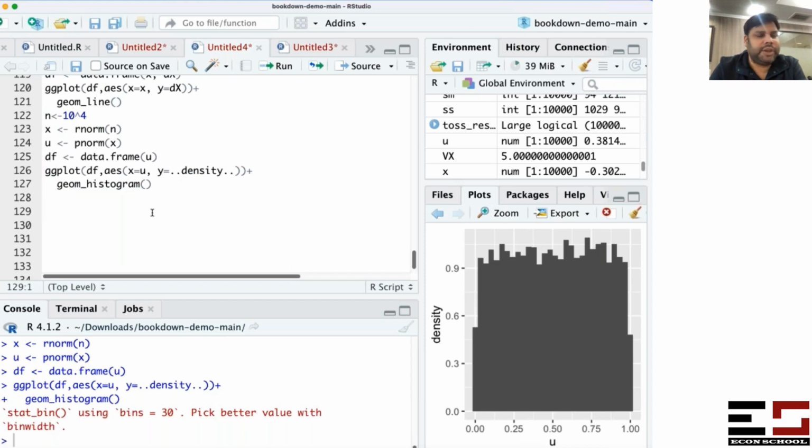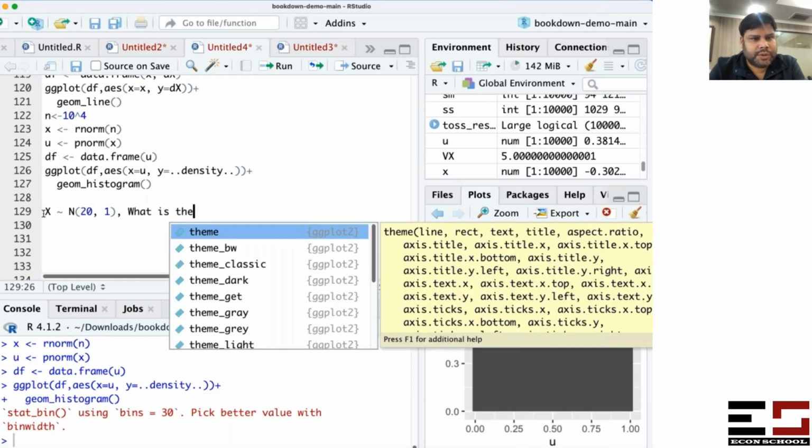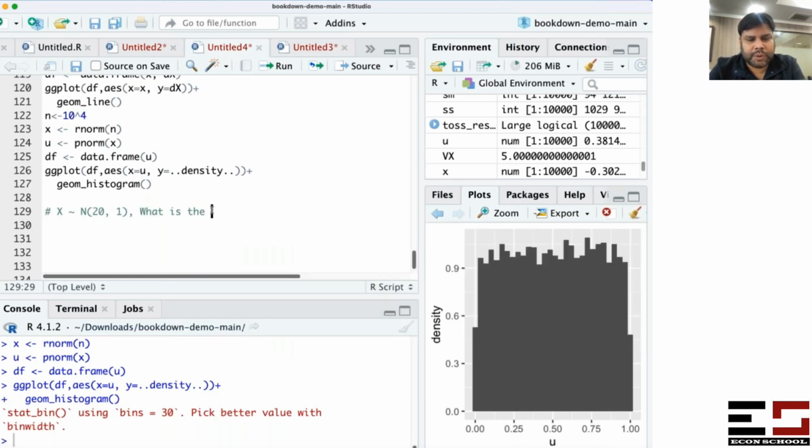Let's say x is normal with mean 20 and standard deviation 1. Suppose I want to figure out the probability that x is between 19 and 21. Anybody knows the answer?